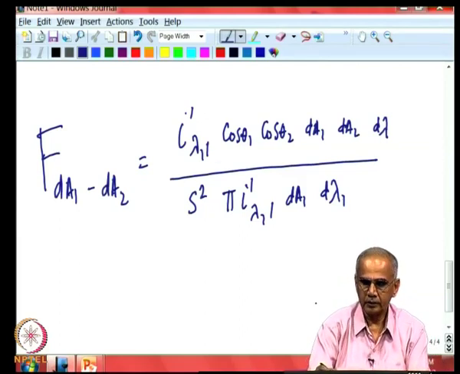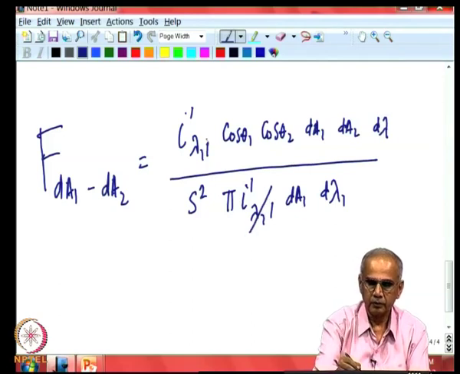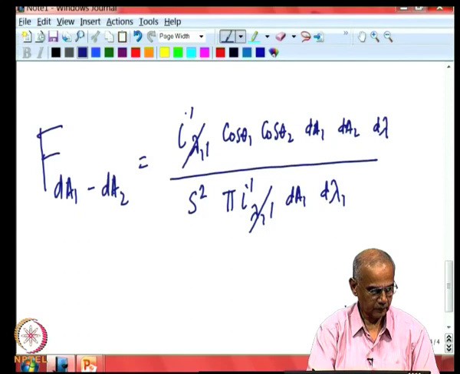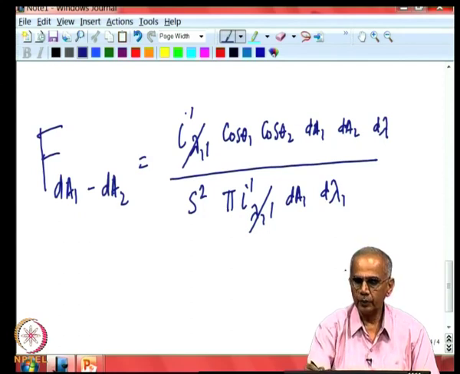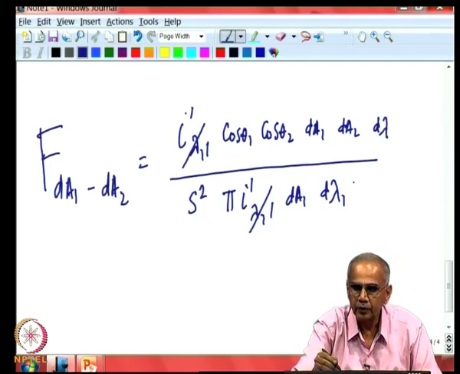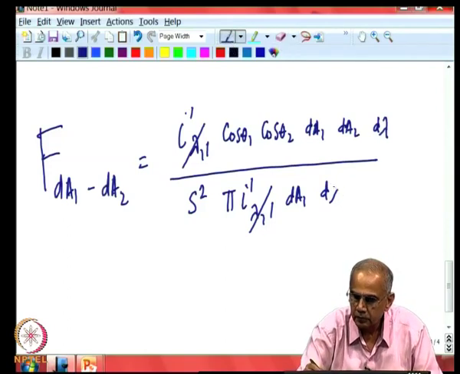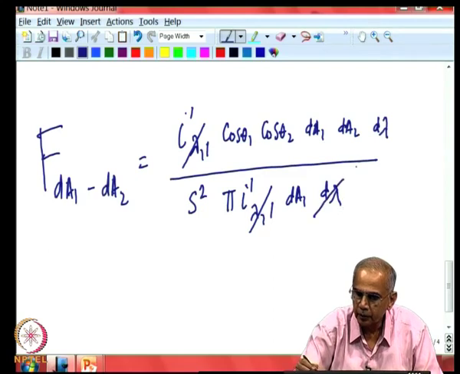So, you can see that I prime lambda 1 will cancel out here, and d lambda also does not play any role here, dA 1 also cancels out.